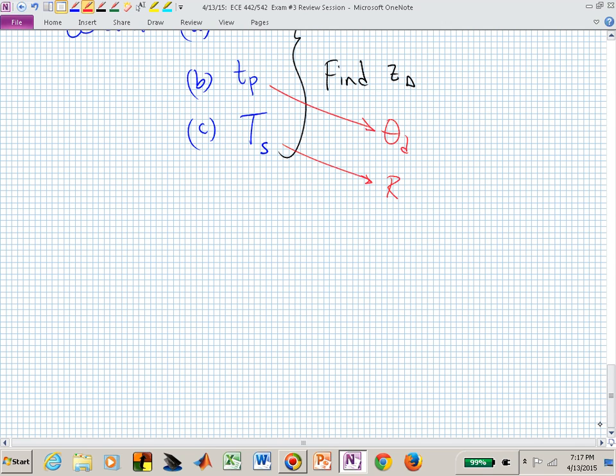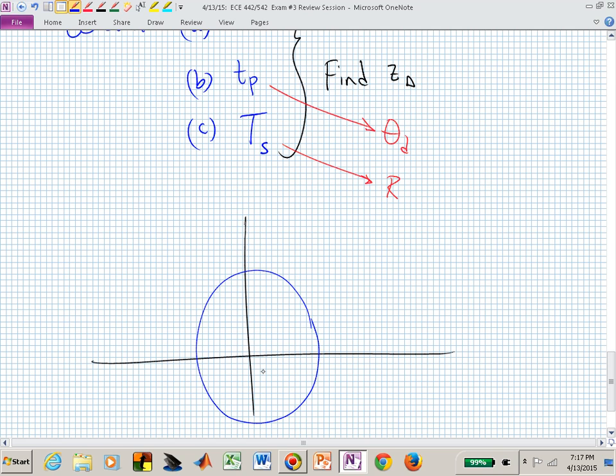which in the Z-plane, you have the radius that should be centered on the axes. Maybe it's not.